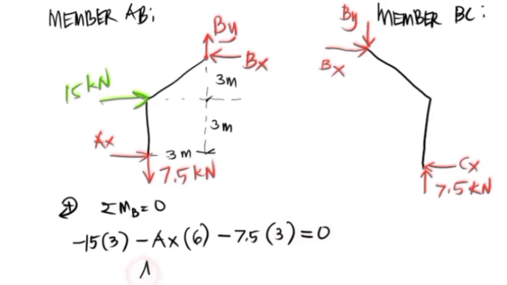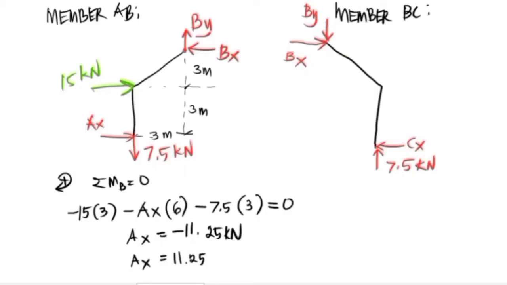So solving for the value of the AX is equal to negative 11.25 kN. So since negative yung lumabas na sagot, meaning mali yung assumption natin that AX is directed to the right, AX is directed to the left. So this is 11.25 kN directed to the left.